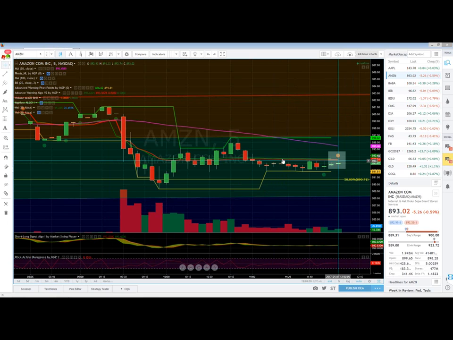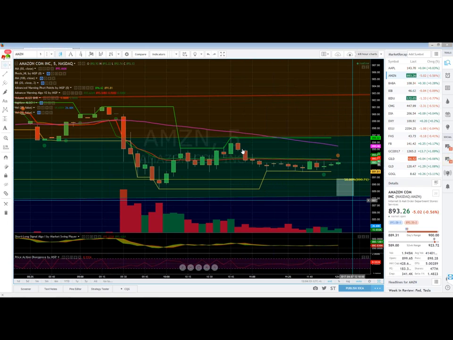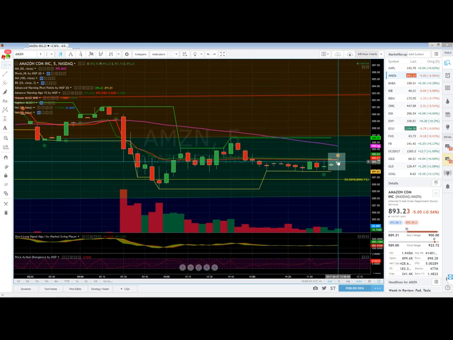So we could see a dot came here, and it's getting near resistance. So we want to see what the next candle looks like. This is only a 5-minute, and see if it could break out above 894.